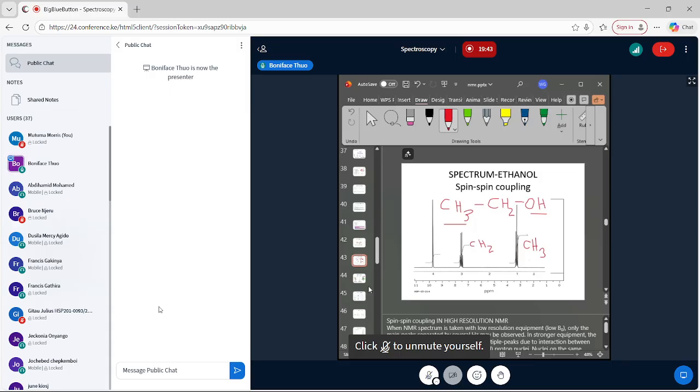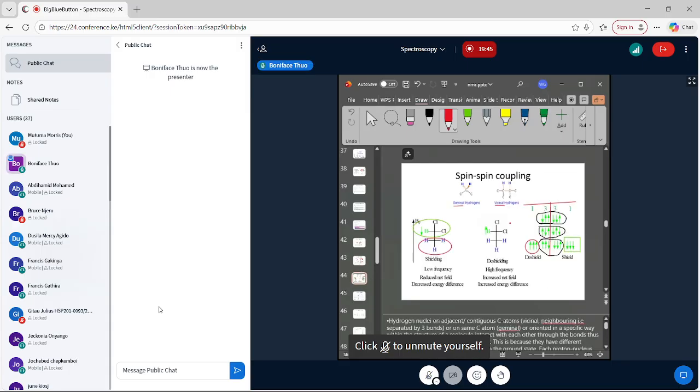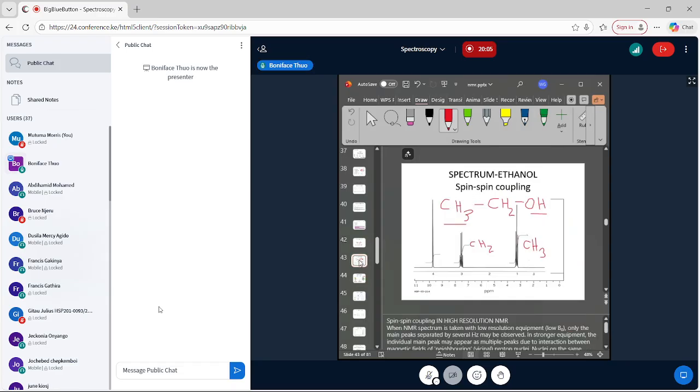And that is as we would expect, but the relative heights are according to these ratios that we have counted here.